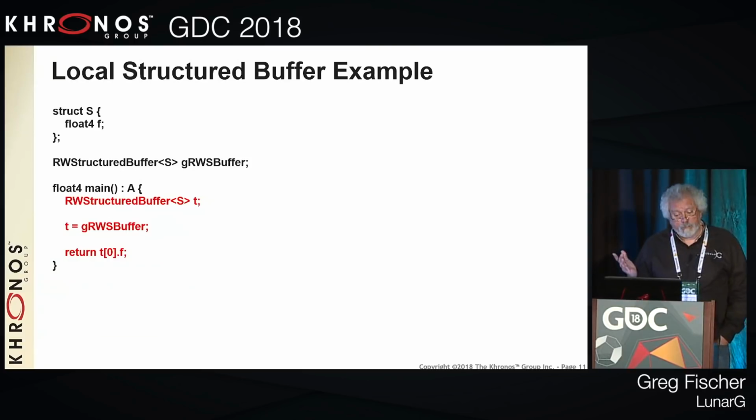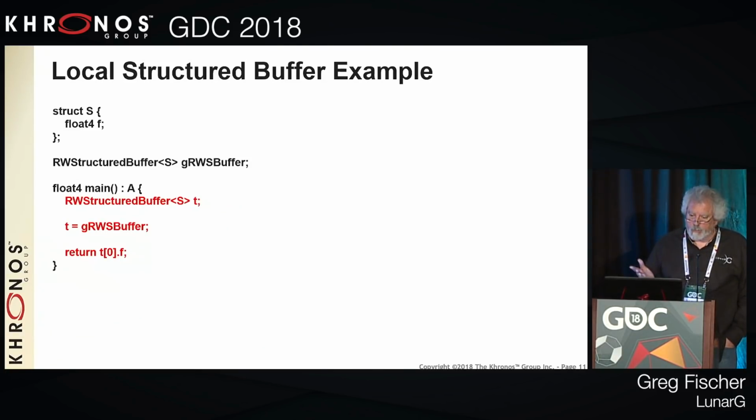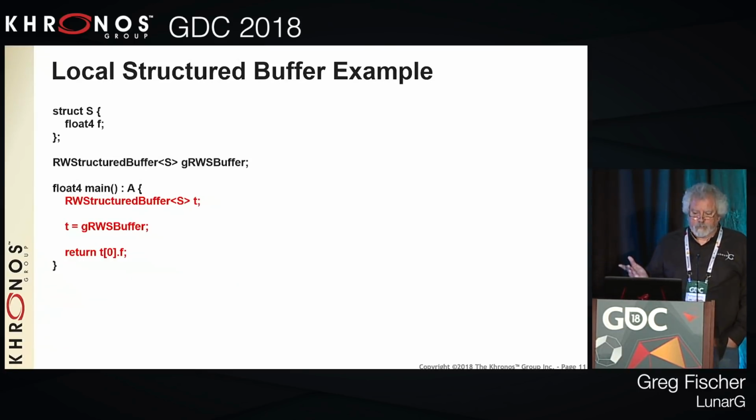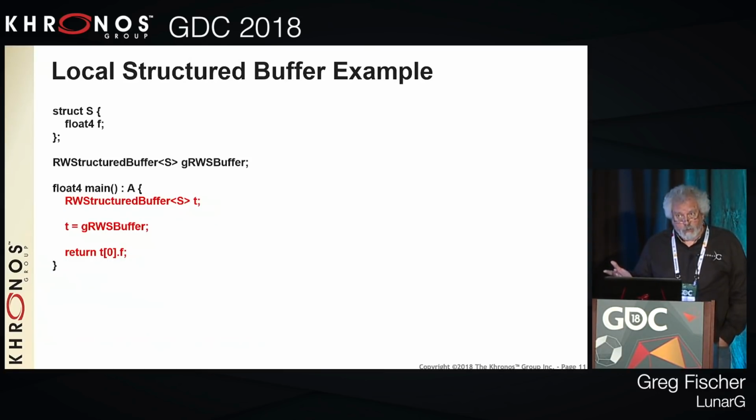Here's a kind of simplistic example, but the pattern holds out in a number of shaders out in the wild, where you have a global structured buffer declared, but then inside of a function or inside of main, you've got a local structured buffer that's declared and then assigned the value of the global buffer, and then the local object is referenced.